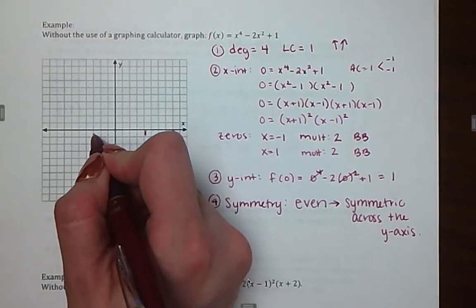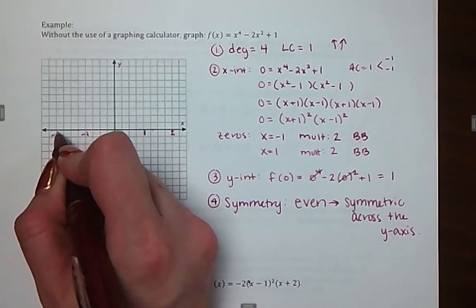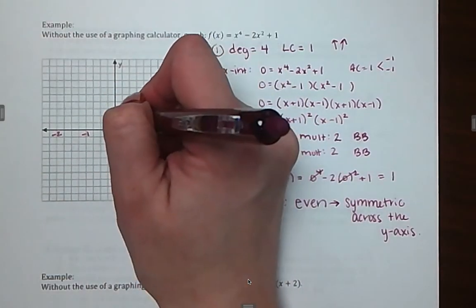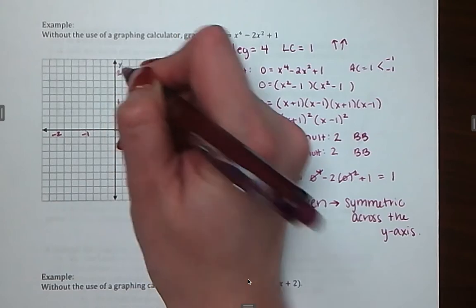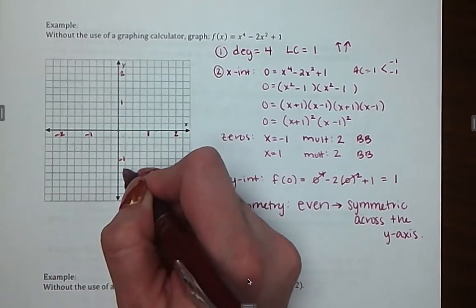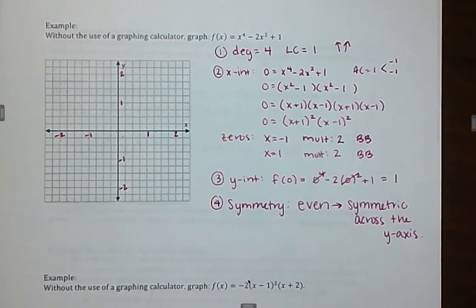So go 4, -1, and then another 4 gives us -2. If you had something like this on your quiz or your test, I'm okay with you not increasing your scale. We're just doing it for notes so we can see what's happening.